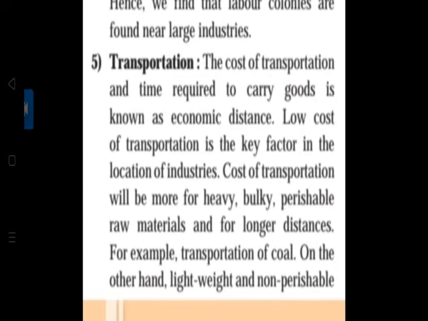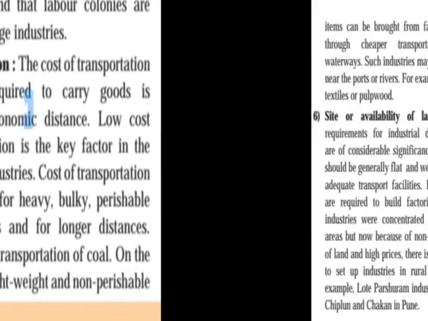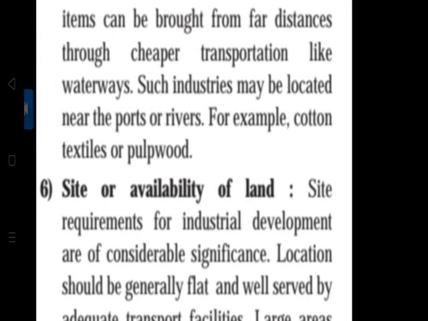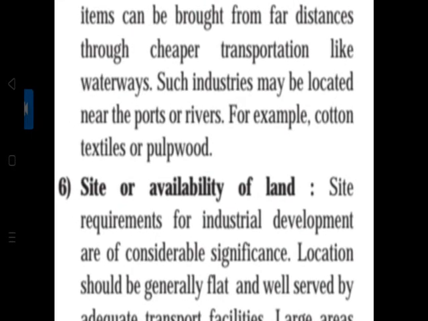Obviously, if heavy, bulky, perishable material is being carried, which requires immediate transportation over longer distances, the cost will be higher, and the cost of the final product you get in the market is also high. For example, transportation of coal. On the other hand, lightweight and non-perishable items can be bought from far distances through cheaper transportation, like waterways.